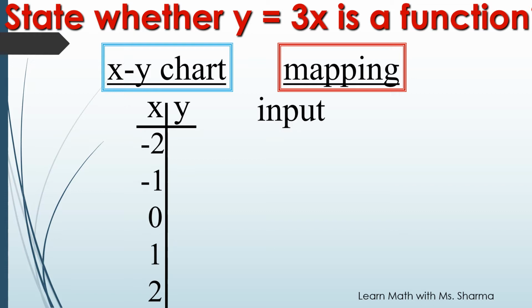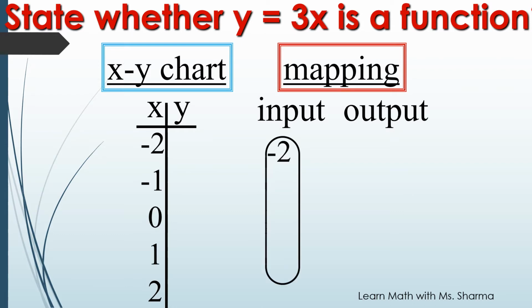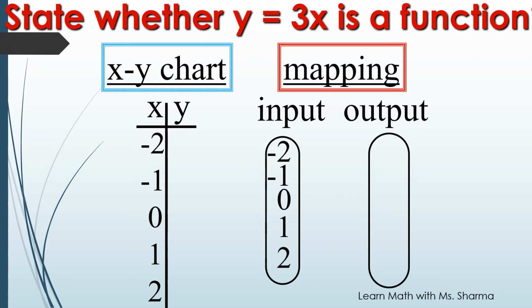Then we find the y values and do the mapping for input and output. Make sure our x, the input, is not repeated. So x, the input, is the domain. If the domain is repeated, it's not a function.